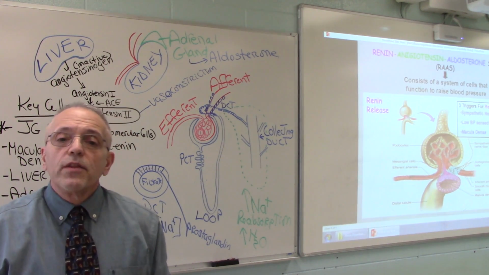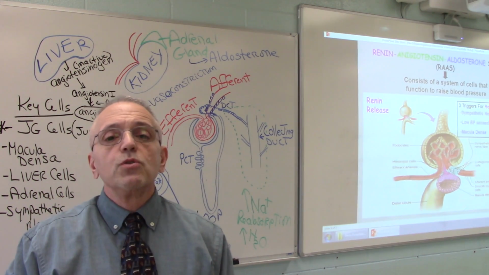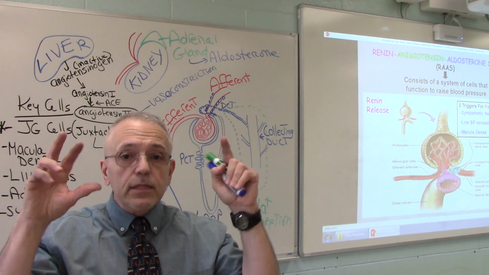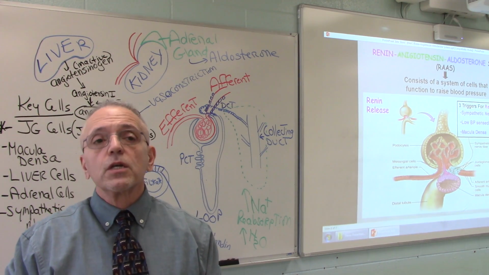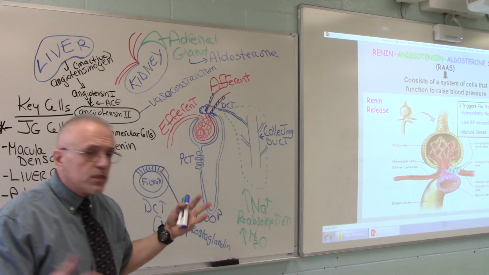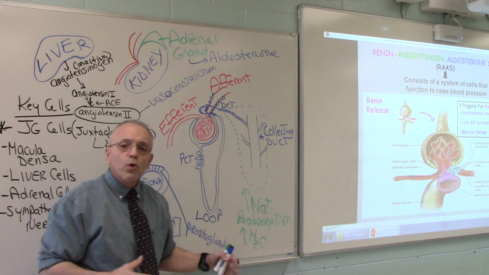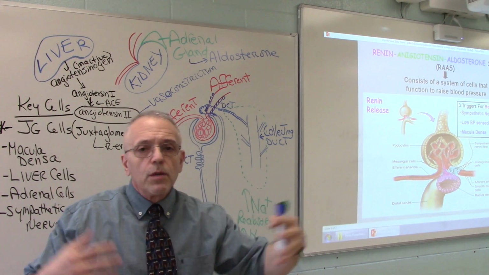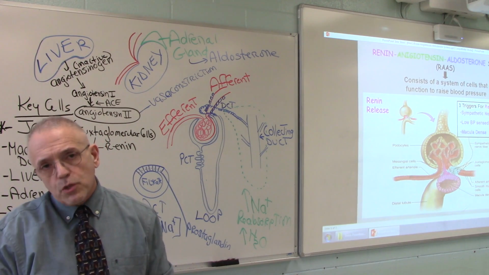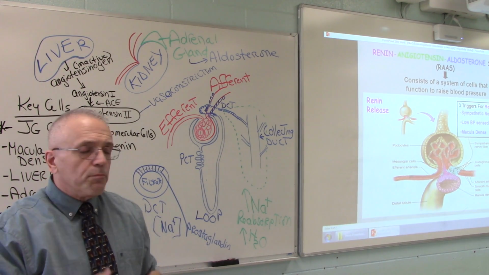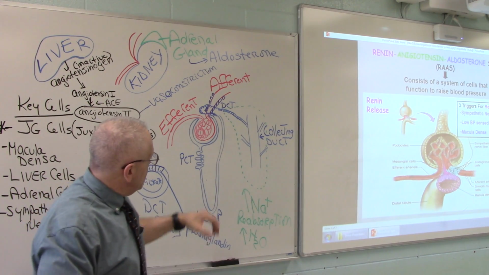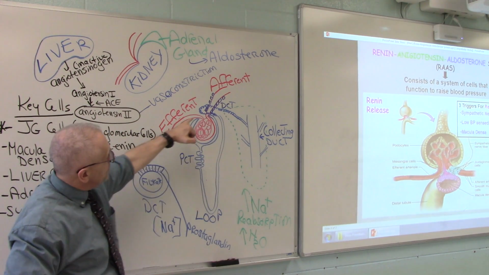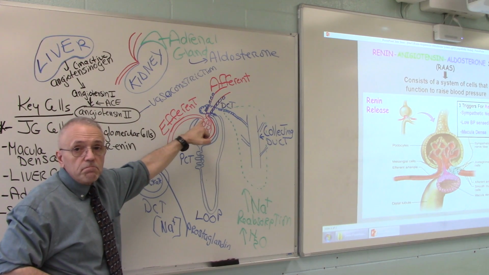One of the reasons why the body perceives that low sodium concentration translates into low blood volume and hence low blood pressure is because of sodium's association with water. Every time you see sodium moving, water will follow sodium.